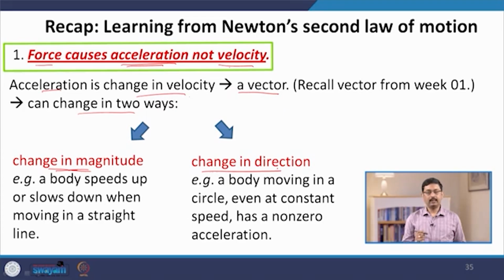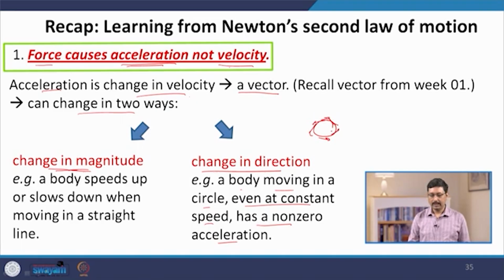If the direction changes, that means there must be an acceleration. A body moving in a circle, for example, even at constant speed has a non-zero acceleration, because its velocity is along the tangent and the tangent direction is continuously changing. So, there must be an acceleration.